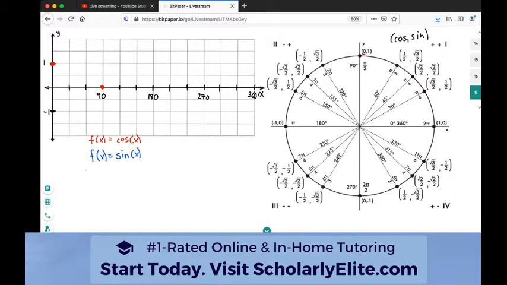Because remember, the y value is the answer to the cosine of the angle, which is the x value. Okay, up next, we've got 180 degrees. That is -1 on the cosine. So we put that here. And we've got 270 degrees, which is going to be 0 again. And then back up to 360 here, which should be 1 again.